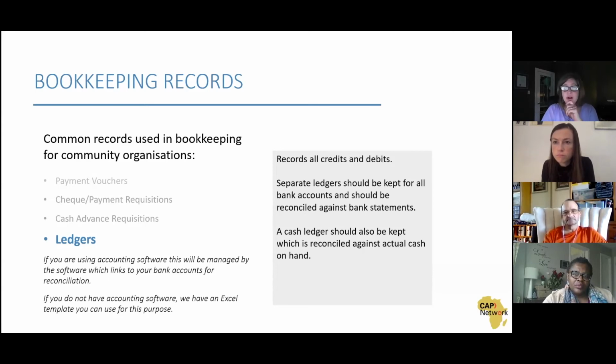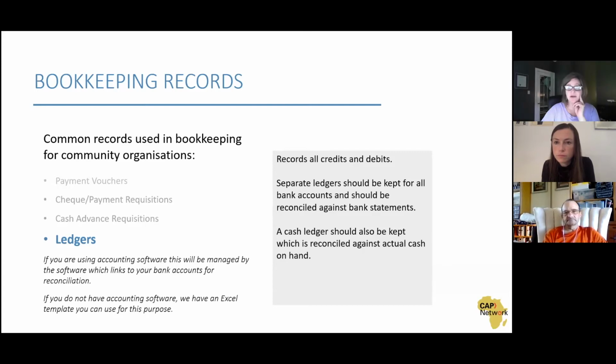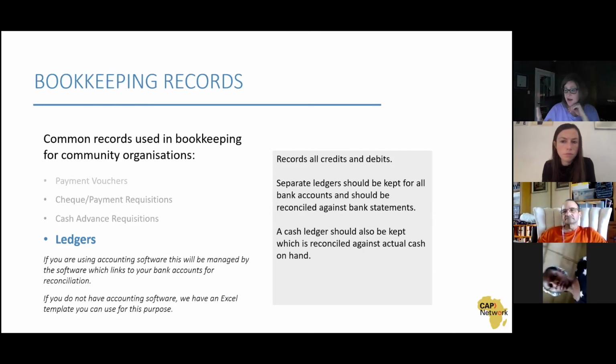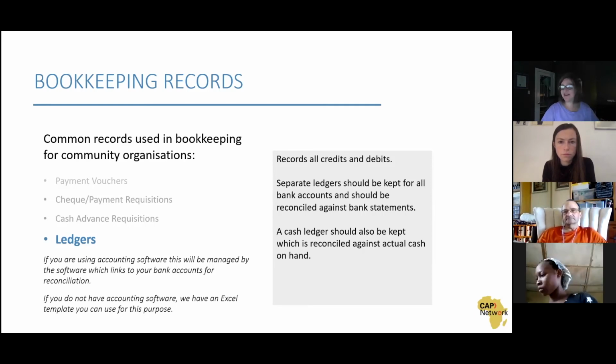But if you are not using an accounting software, you can still maintain project ledgers or organizational ledgers using Excel. And we have a template, I believe somebody, I think Irfan, this is what you were referring to, where you're itemizing it using Excel.